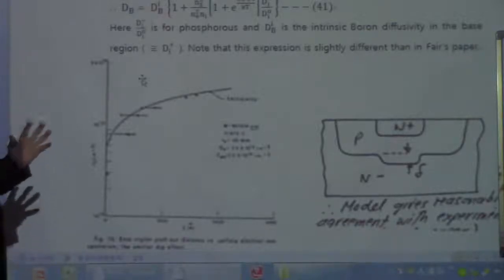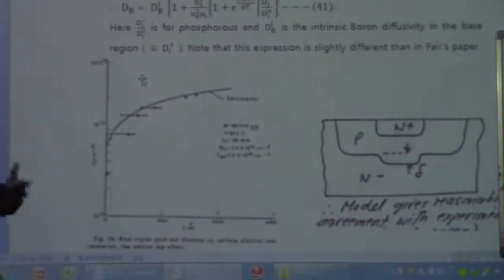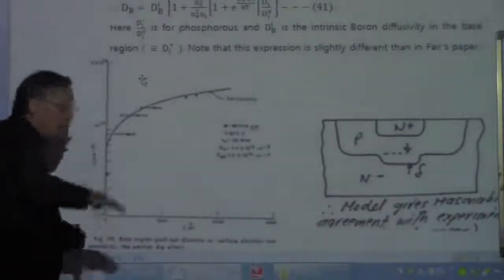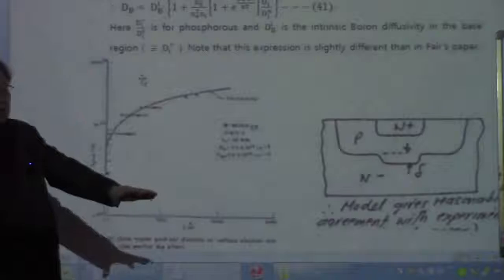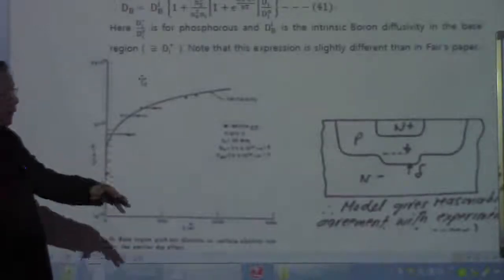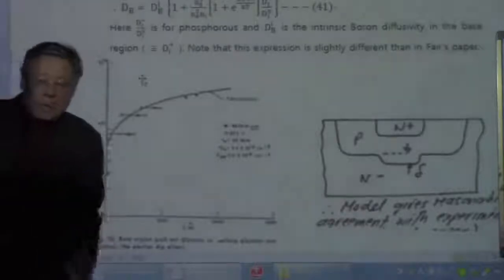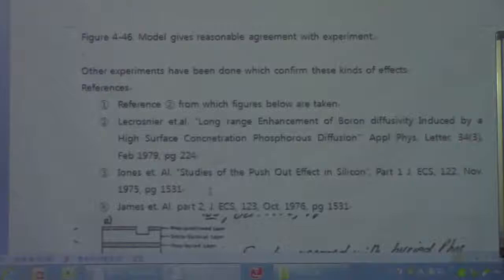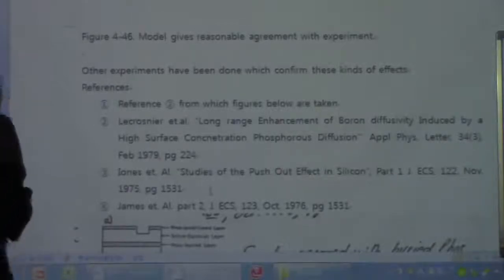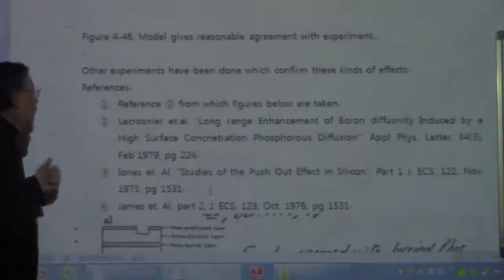And from that we have enhancement of the diffusion coefficient, which controls the tail region of the phosphorus. And then this emitter push is another example where this vacancy model may work to explain the emitter push phenomena.